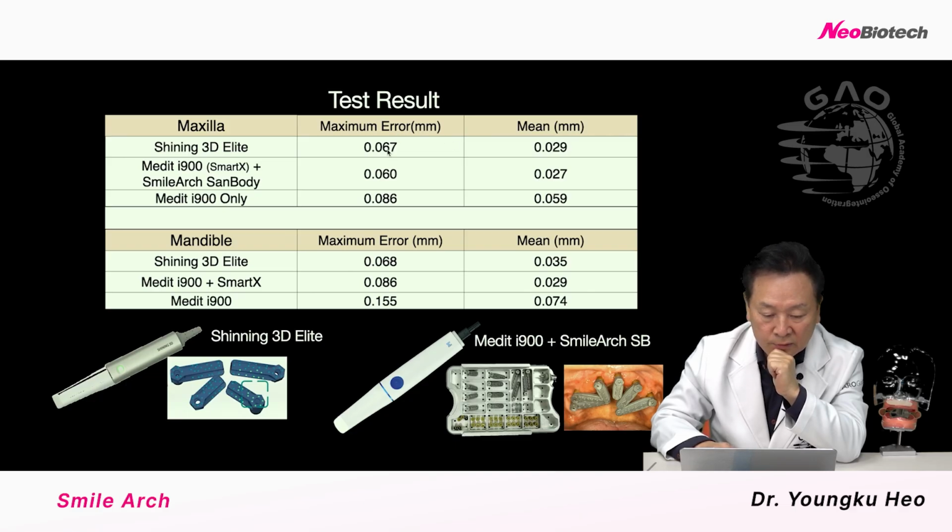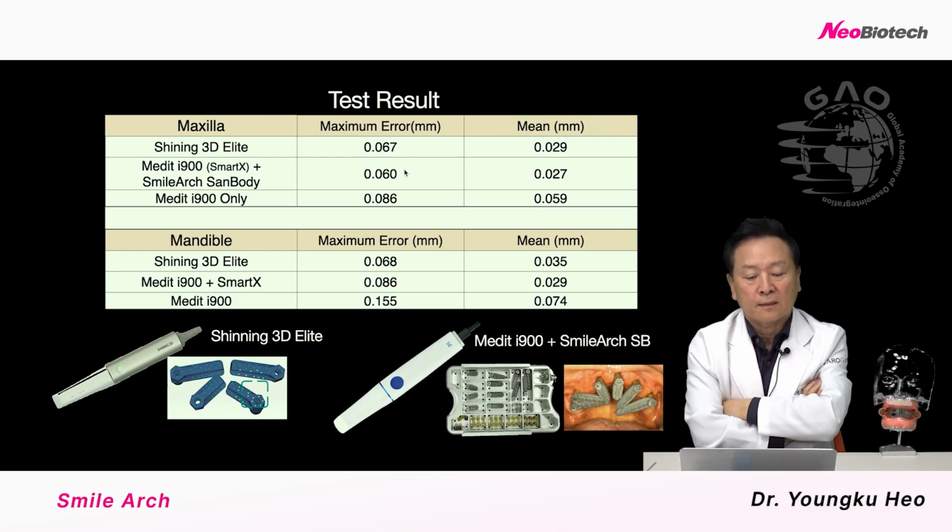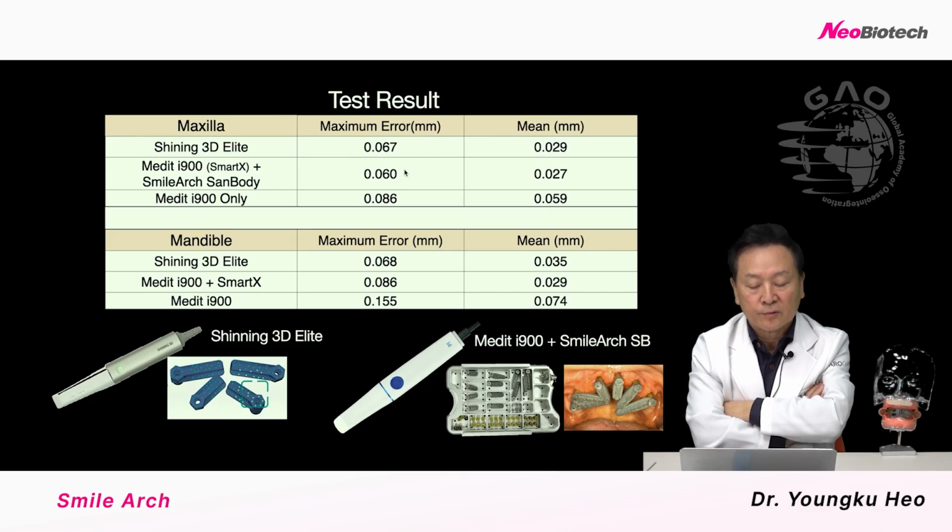This is the maximum error from Shining 3D. This is the maximum error of the SmileArch scan body. And it came out quite good, quite the same result. Quite accurate, like Shining 3D. So we are very proud of using this scan body, the SmileArch scan body.